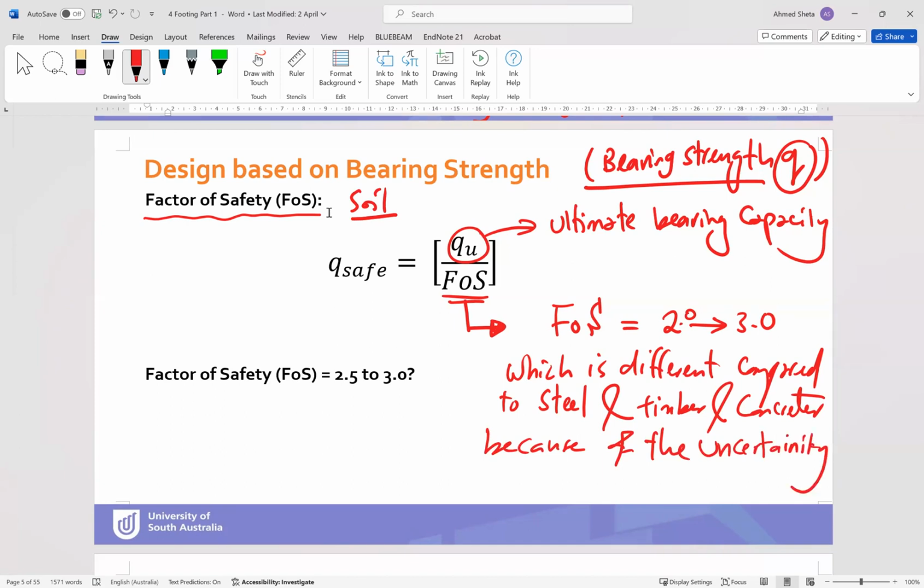Okay, so the factor of safety will be between 2 to 3.